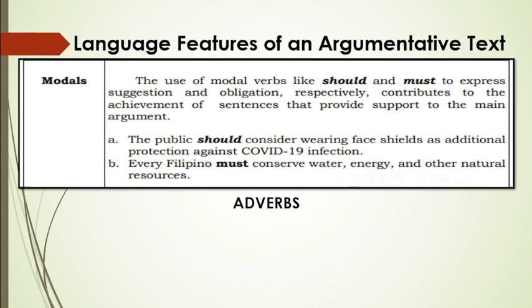For example, you may use the modal should and must. Let's have some sample sentences. The public should consider wearing face shields as additional protection against COVID-19 infection. Another example is this: every Filipino must conserve water, energy, and other natural resources.